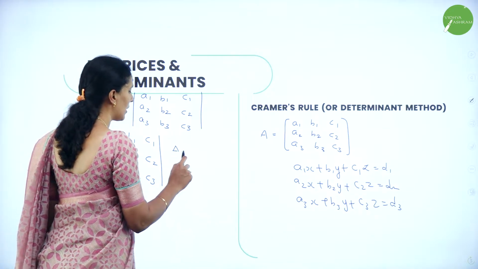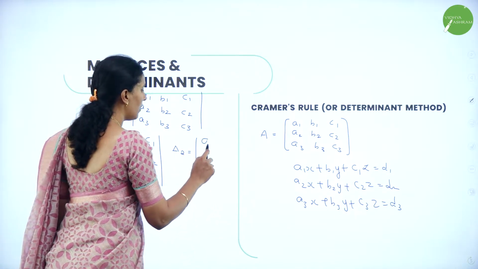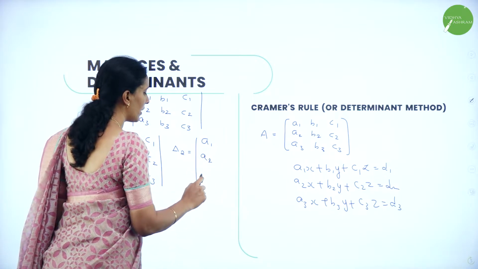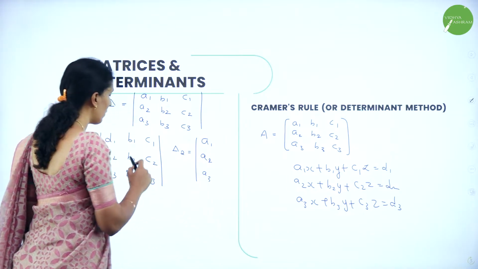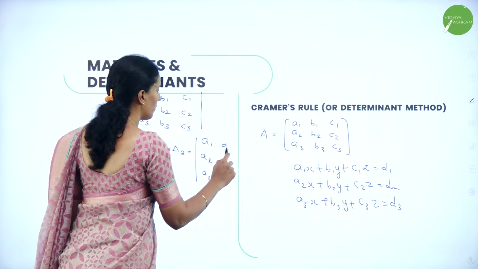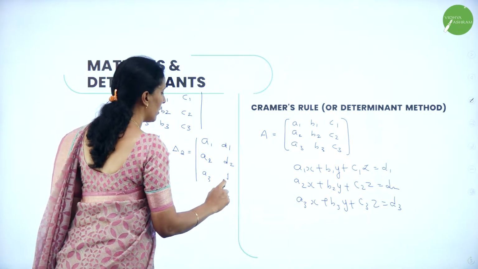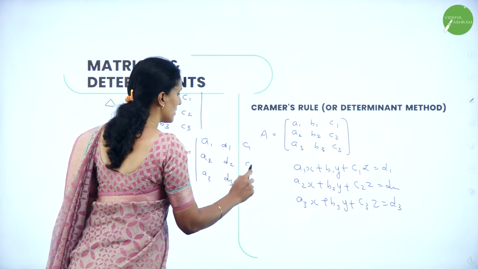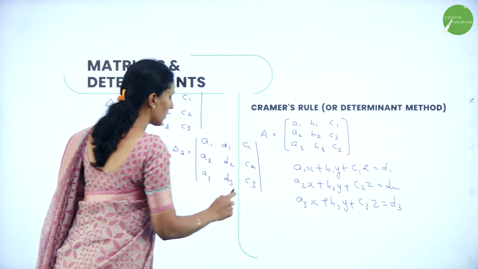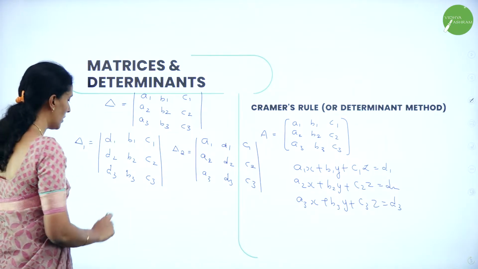Similarly, we will take delta 2. Here we will replace B1, B2, B3 with D1, D2, D3, so we write D1, D2, D3, C1, C2, C3. This gives you delta 2.